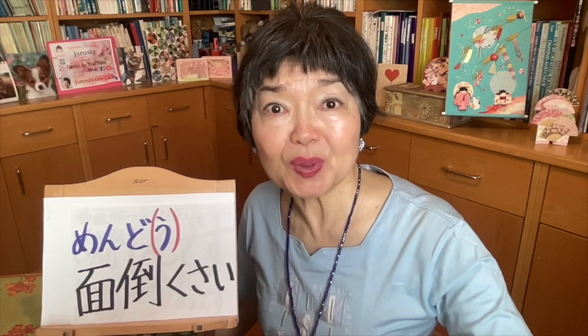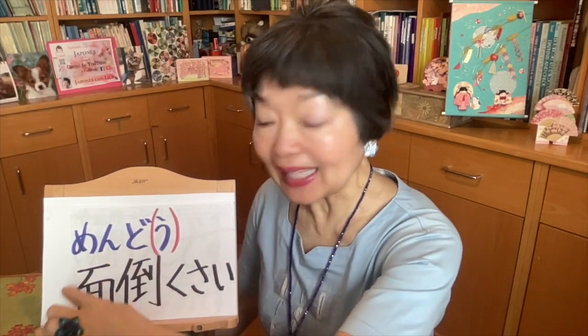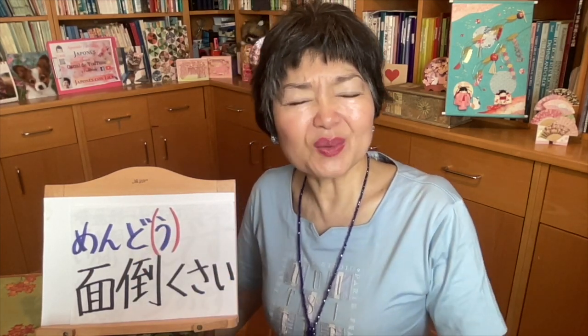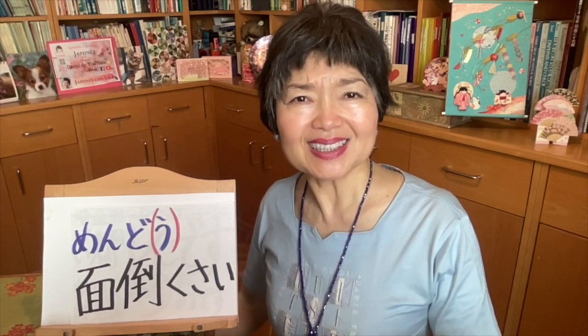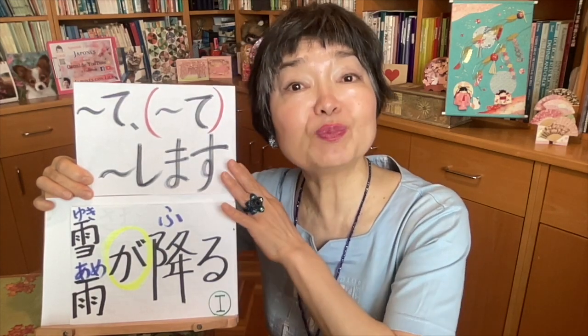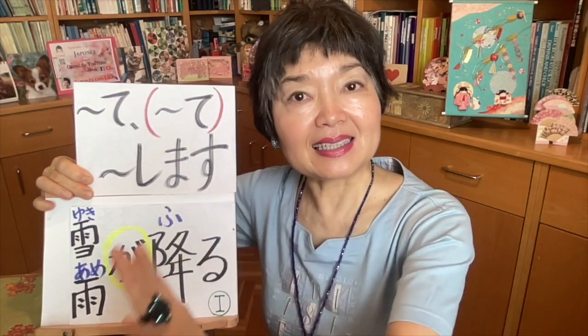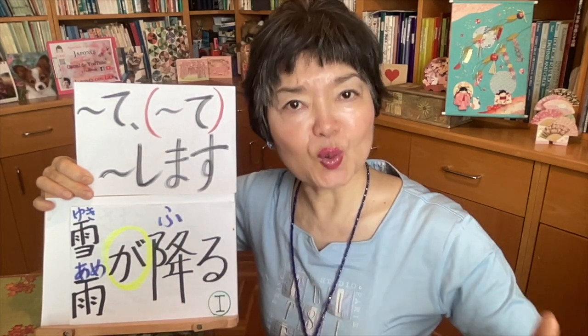I don't feel like doing this. めんどくさい。But actually, the kanji is this one, and the right pronunciation is めんどうくさい with う. But we usually say めんどくさい without this う. Oh, it's bothersome. First, I'm gonna tell this sentence using て. So this is quite objective, and this fact, and this fact, and so.